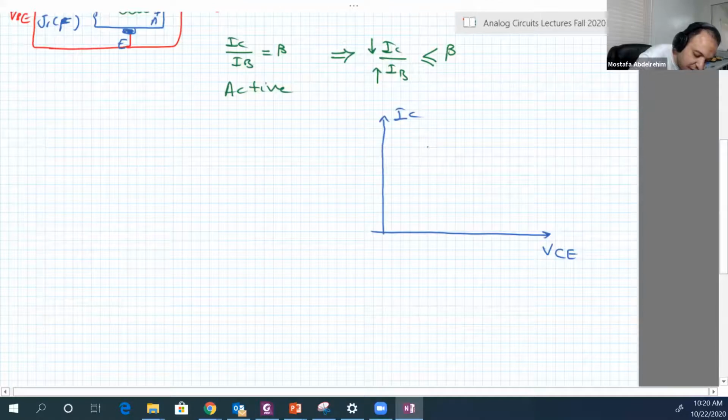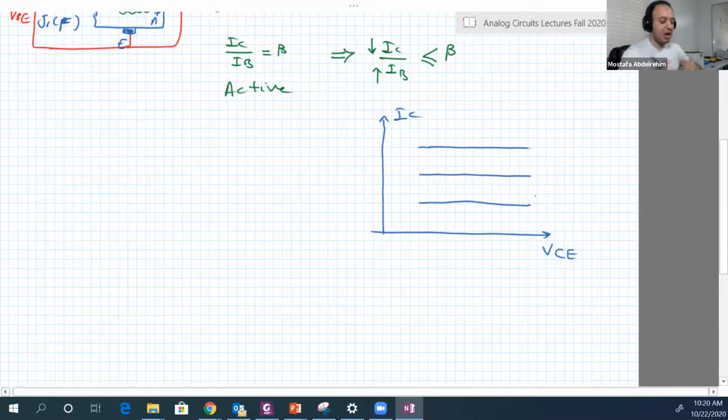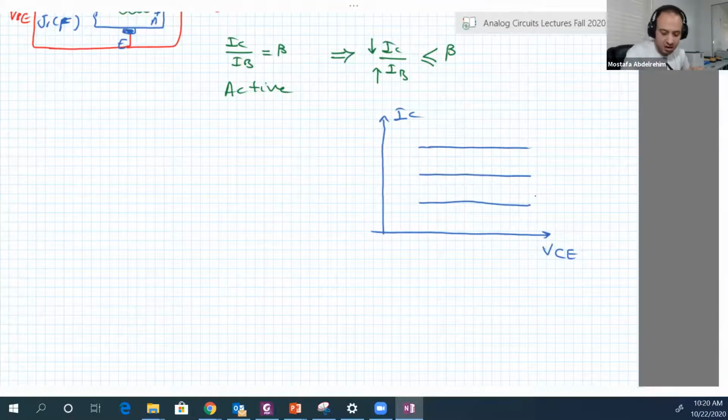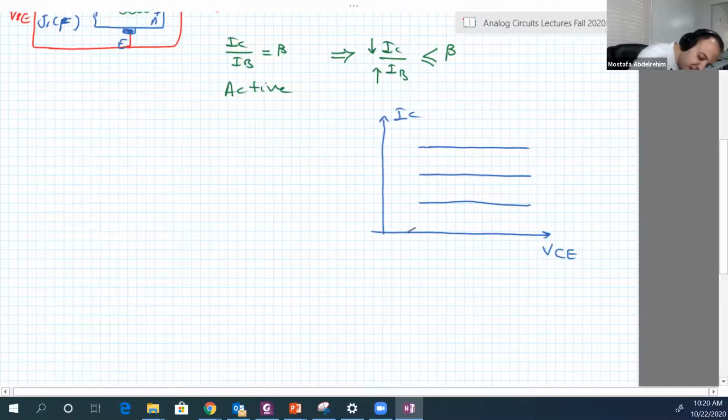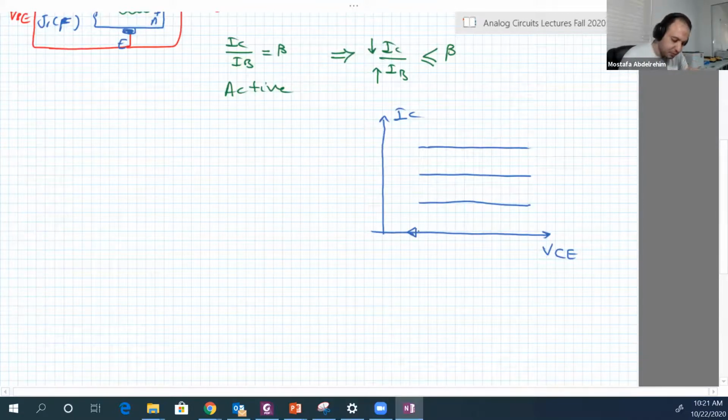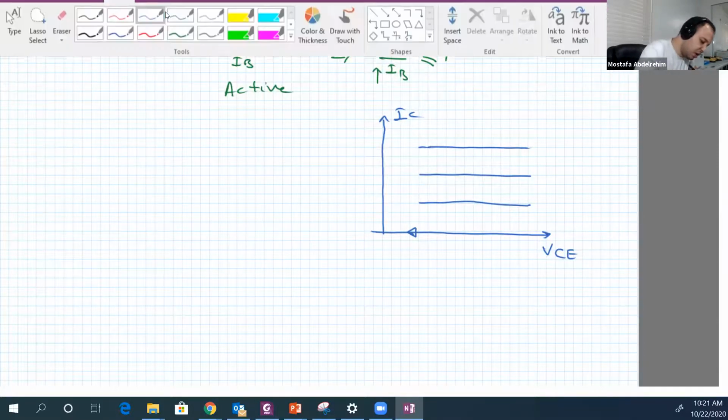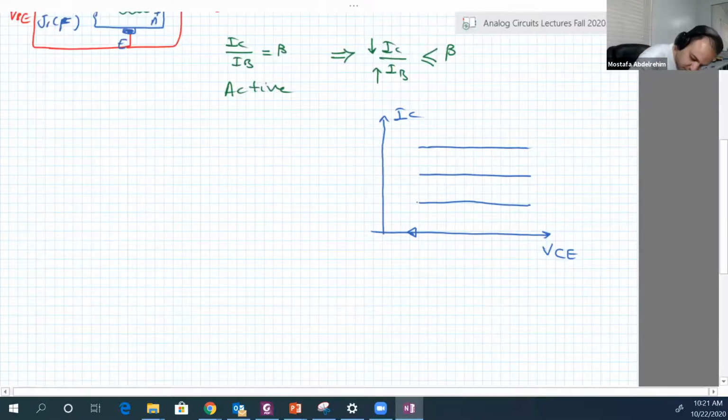In the beginning we had, for example, 3 curves. We can of course have many, like what we see in the lab. We're gonna construct these characteristics, of course. Now, when VCE started to decrease, and this happens at very small values, as we will see now, IC will decrease. So I'm gonna go down like this.